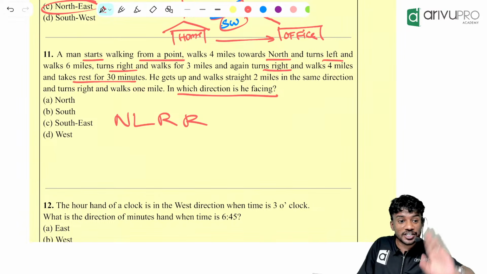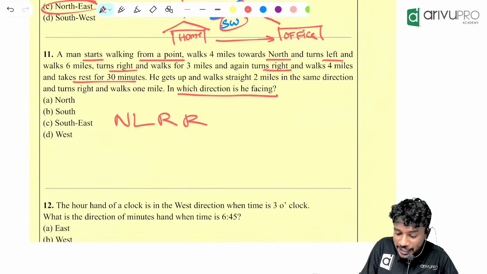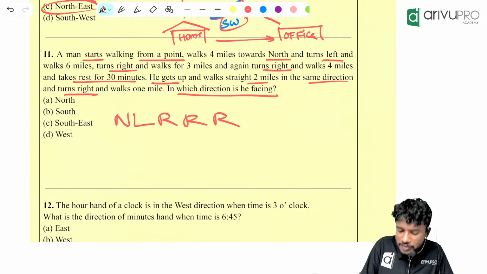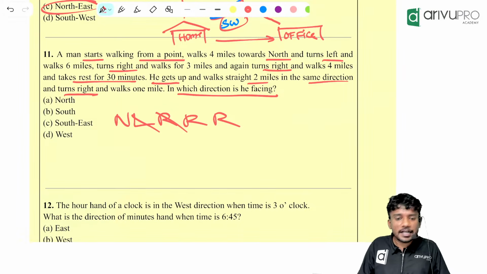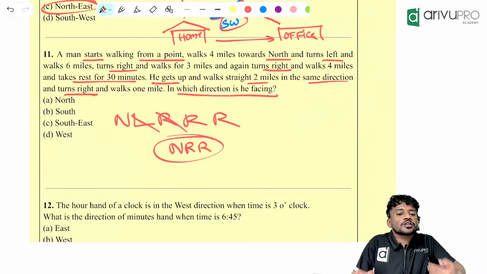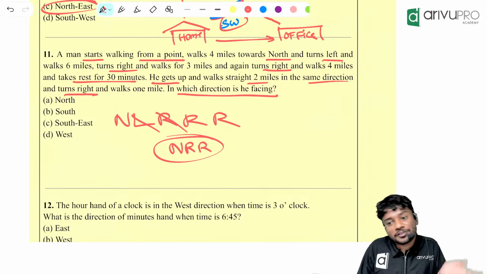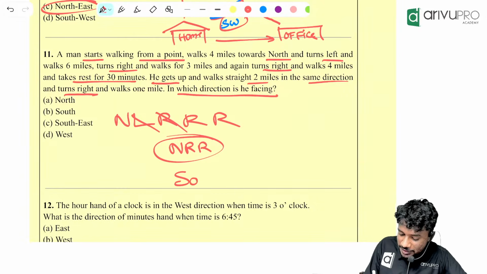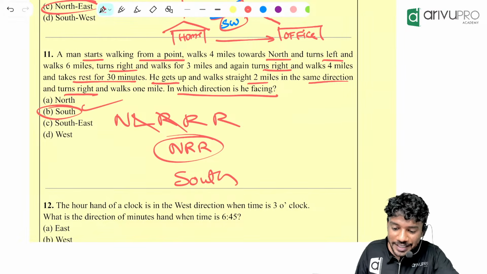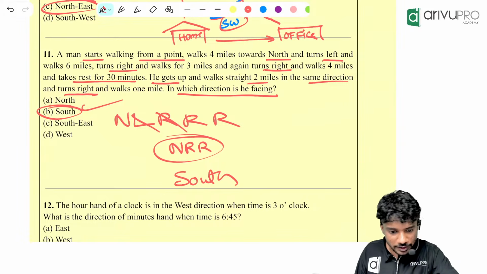No, same direction. He gets up and walks 2 miles straight in the same direction and finally turns toward the right. Now tell me, left and right got cancelled. North, right, right. Whenever you see north, right, right, the answer will be the opposite, which is south. Which option is the answer? Option B is the answer.